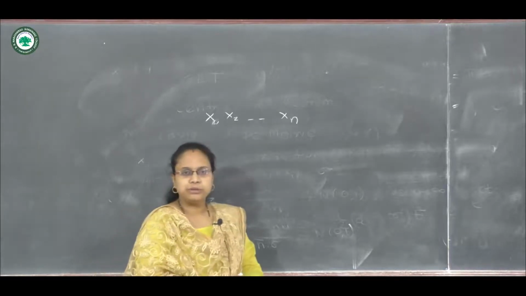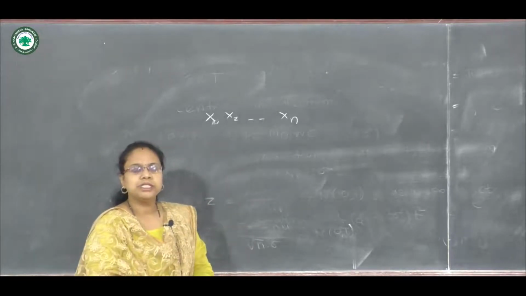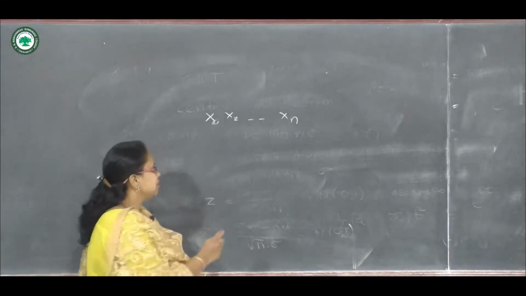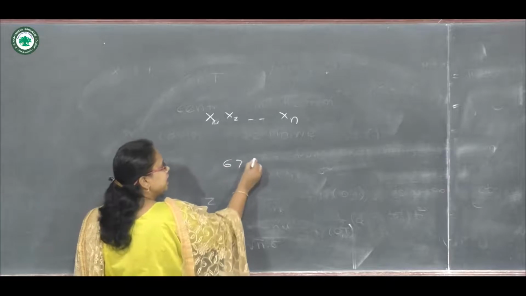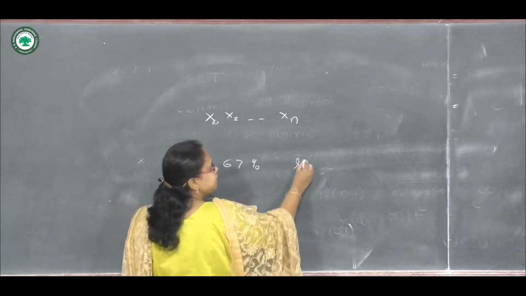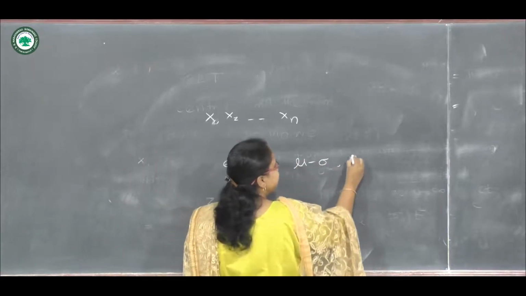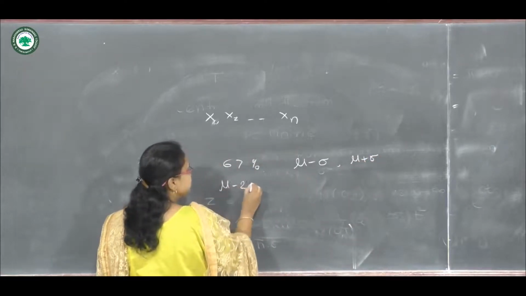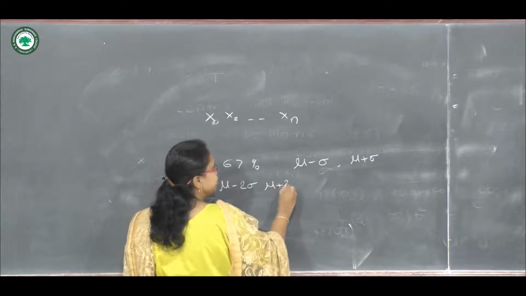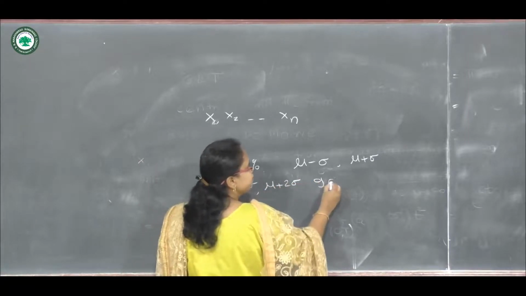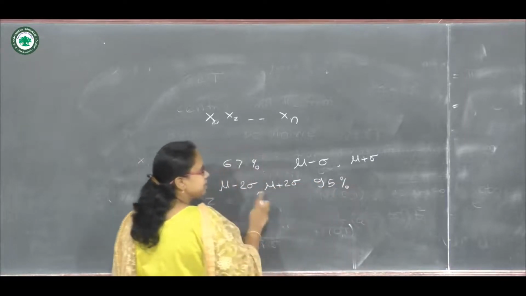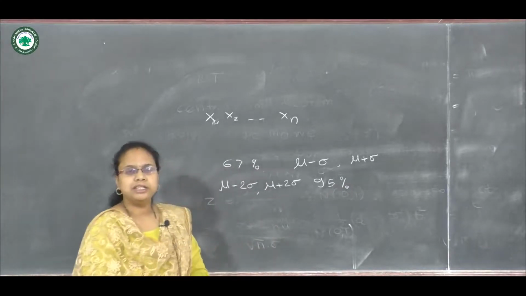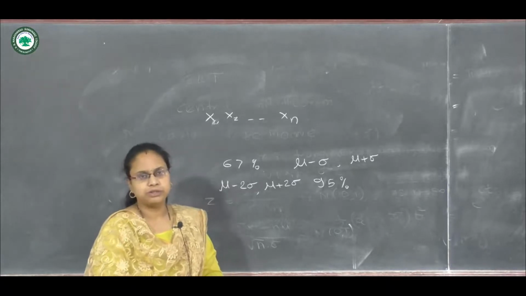If any distribution seems to be symmetric, bell-shaped, mesokurtic, and 67% of the area lies between mu minus sigma and mu plus sigma, and also if 95% of the area lies between mu minus 2 sigma and mu plus 2 sigma, then it will be good to say that the distribution is normal distribution.